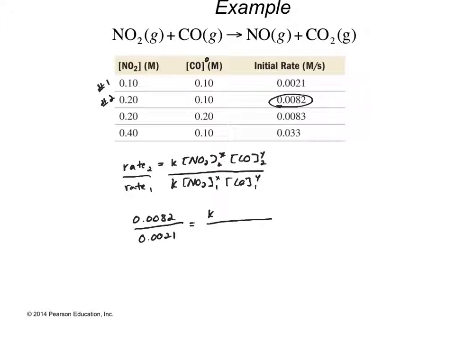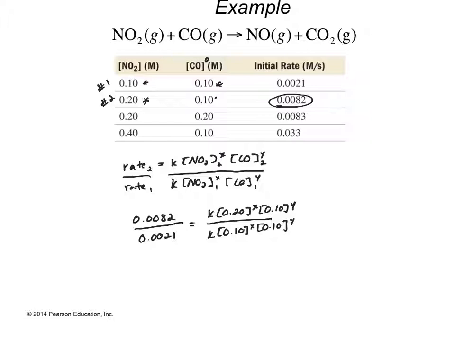The K's are the same, so K over K. Then we have the concentration of NO2 in experiment 2 raised to the X power, and the concentration of CO in experiment 2 raised to the Y. I do the exact same thing for experiment 1 and 0.10. So now we've plugged in all the numbers.